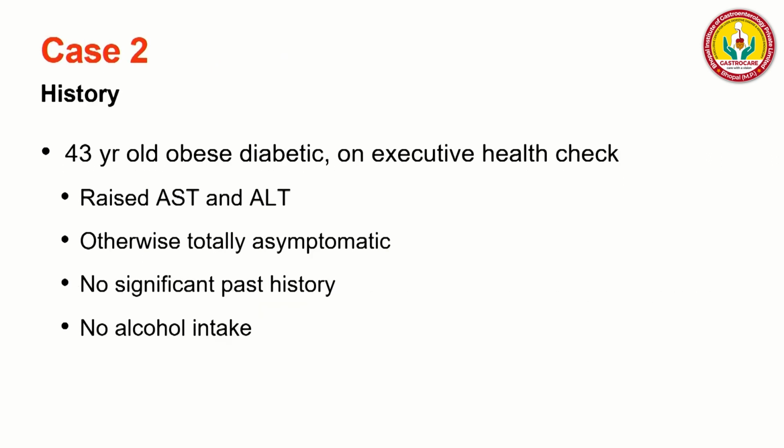Second case, this is a longer one, and this has a lot of messages. I'll just describe the case and then we move on to the panel. So 43-year-old obese diabetic, this is a guy you will see every day in your OPD. Absolutely asymptomatic. On executive health check, you see a raised AST, ALT, and he comes to you for follow-up. Otherwise, he doesn't have any symptoms. There is no significant past history. There is no alcohol intake.